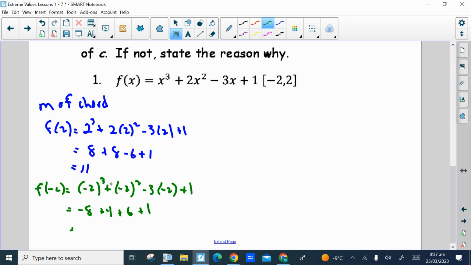Oh, I forgot the 2 in front of that. So that gives us a value of 7.